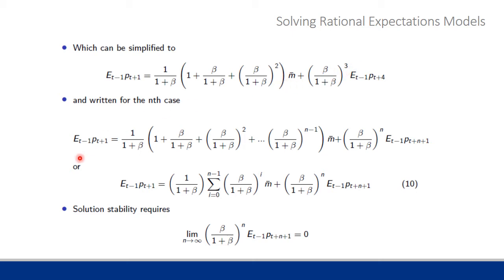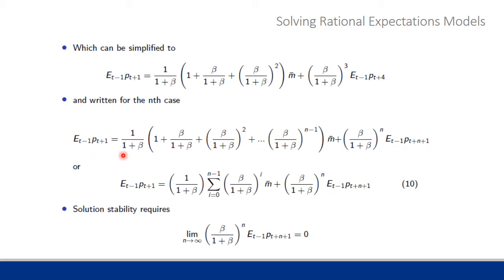You could write the nth case then as E_t P_{t+1} equals 1 over 1 plus beta times this progression here, which we know is expanding every time we iterate, times m bar, plus there'll be another term at the end, which is beta over 1 plus beta from here, to the power n, multiplied by E_t P_{t+n+1}.